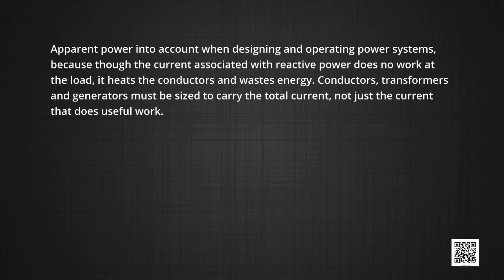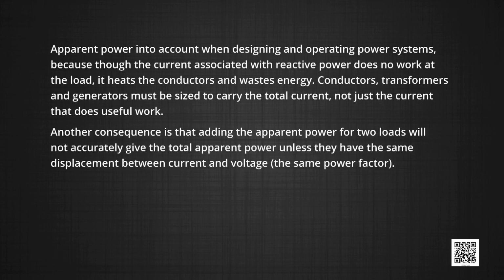Conductors, transformers and generators must be sized to carry the total current, not just the current that does useful work. Another consequence is that adding the apparent power of two loads will not accurately give the total apparent power unless they have the same displacement between current and voltage, that is, the same power factor.